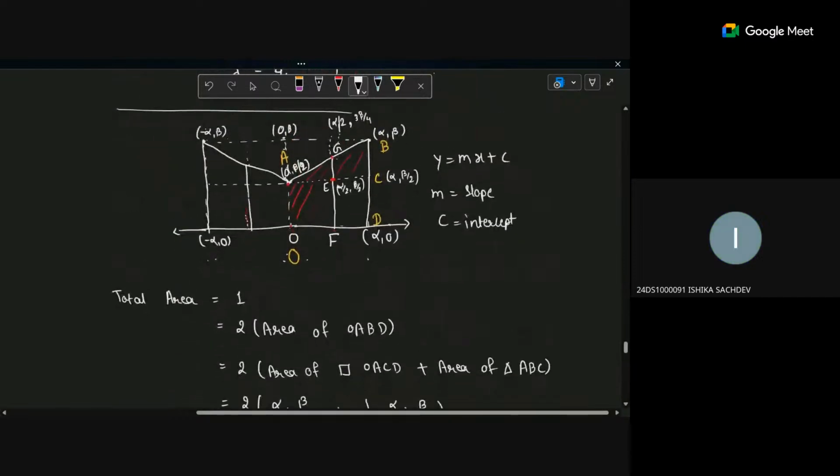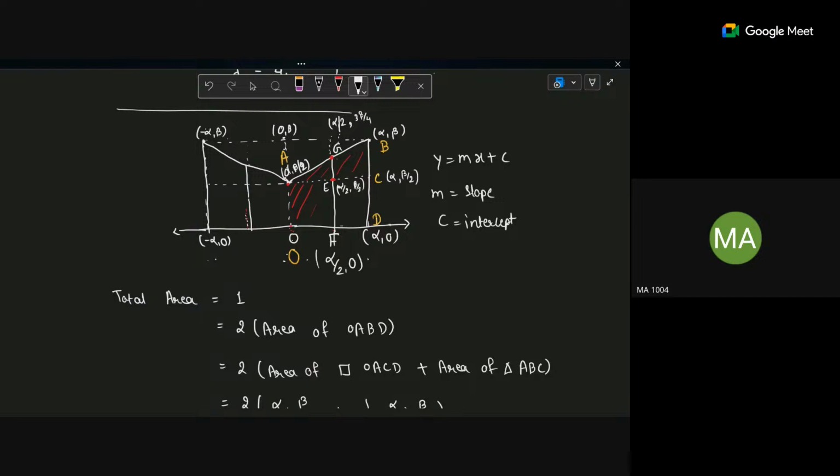Ma'am, by the midpoint theorem, can you explain how to calculate point G? Through this equation of line? No, by the midpoint theorem. So see, your point E. You know that O to D, the length is alpha, and F is alpha by 2 comma 0.